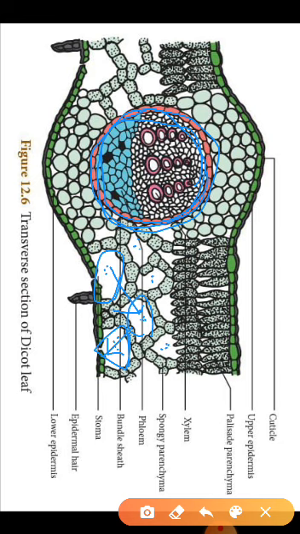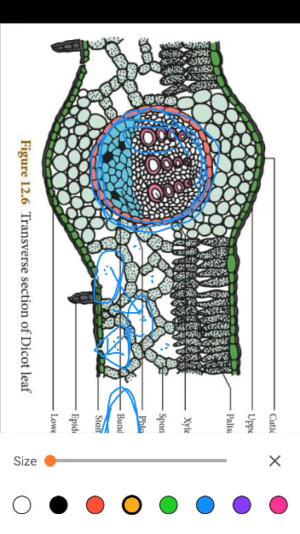Each vascular bundle is surrounded by a sheath, a layer of parenchyma cells called bundle sheath. Each vascular bundle consists of xylem and also phloem. The xylem lies towards the upper epidermis, and the phloem lies towards the lower epidermis.